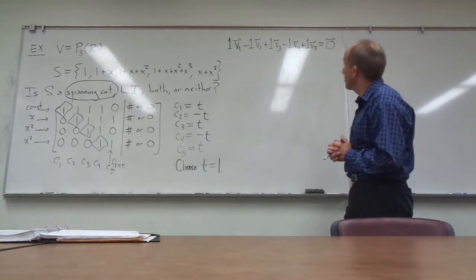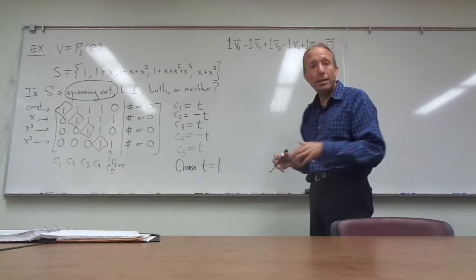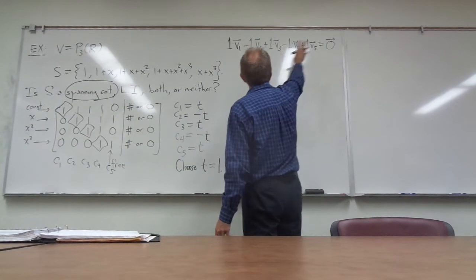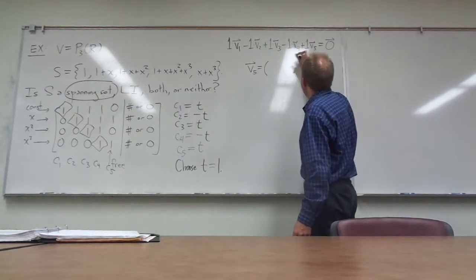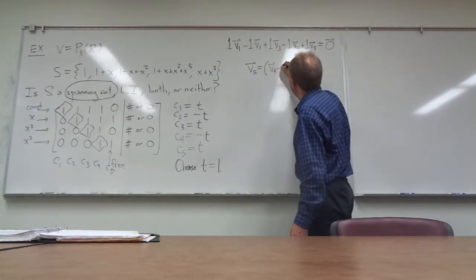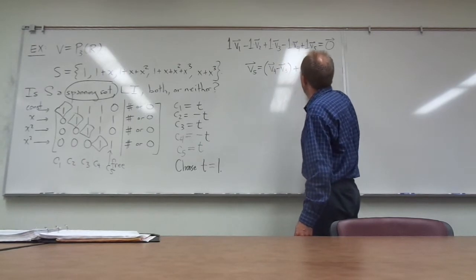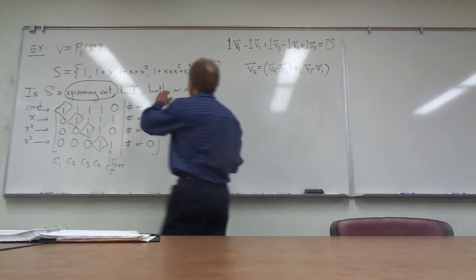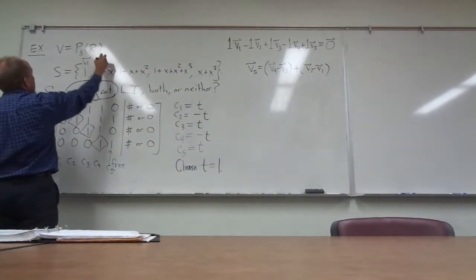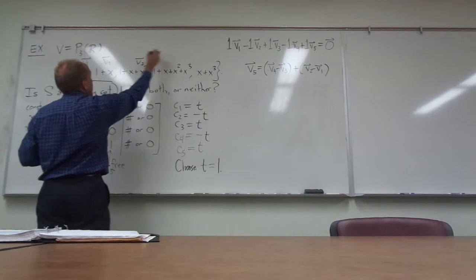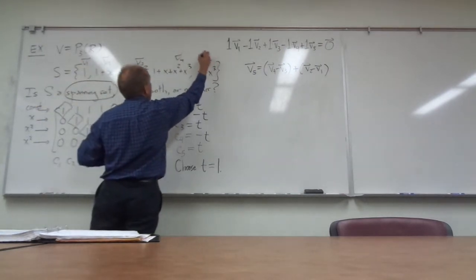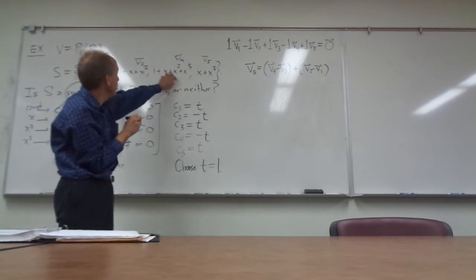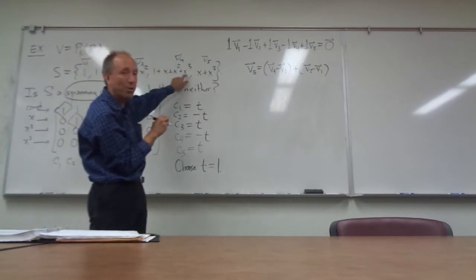Okay? That's what should happen. And in fact, it is pretty easy to see that that's true. If we solve this equation right here for V5, notice that what we'll get is V4 minus V3, and then we'll also get V2 minus V1. Well, if you look at V1, V2, V3, V4, and V5, V4 minus V3 is exactly x cubed.